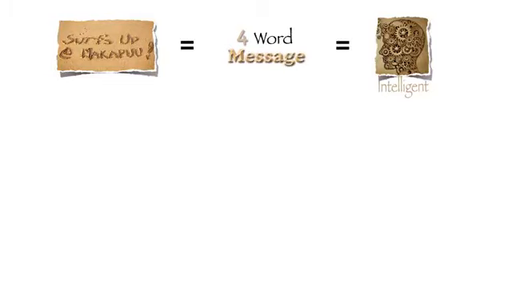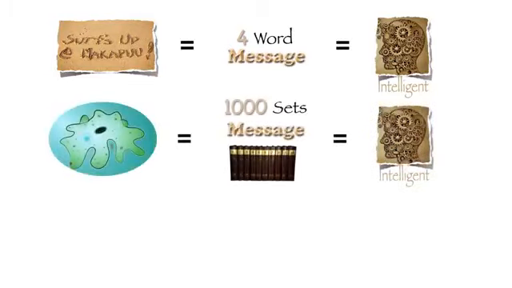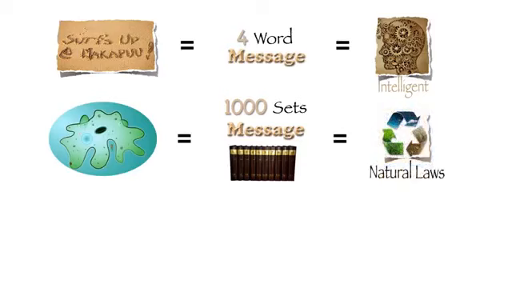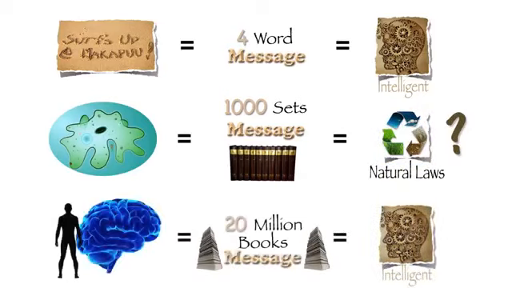Intelligence was also involved. So when we come to Mr. Amoeba, a 1,000 encyclopedia sets message, we would expect that this was also the result of intelligence. But the Darwinist tells us once again that intelligence was not involved. This message is the product of nature. Same thing with Mr. Brain here.